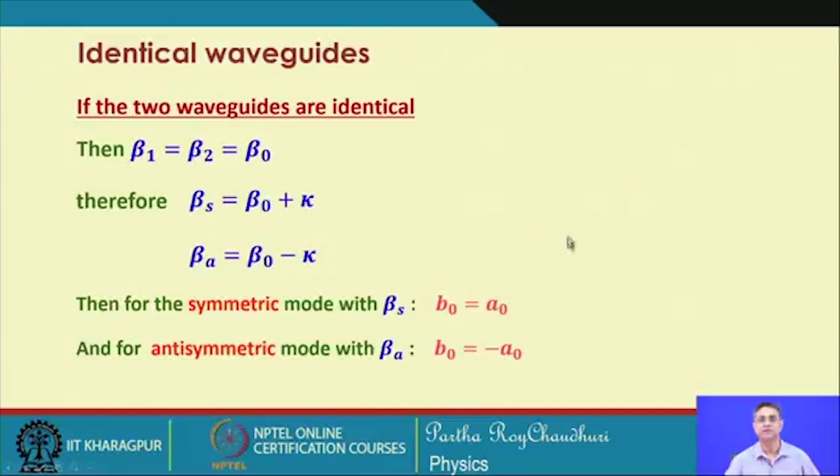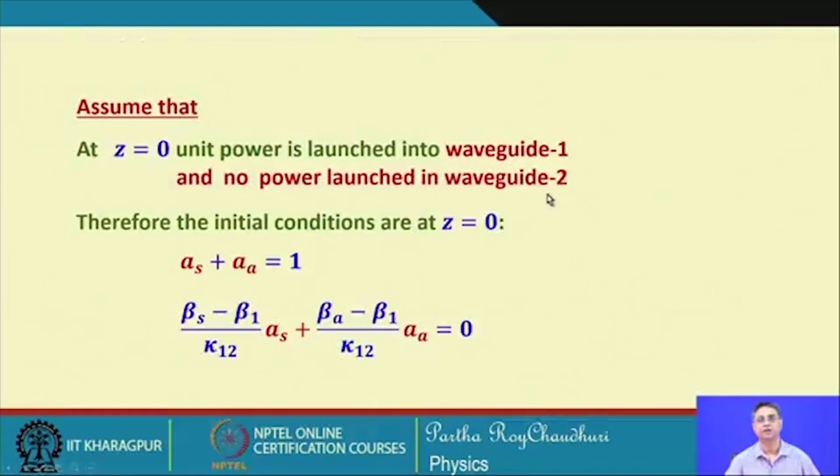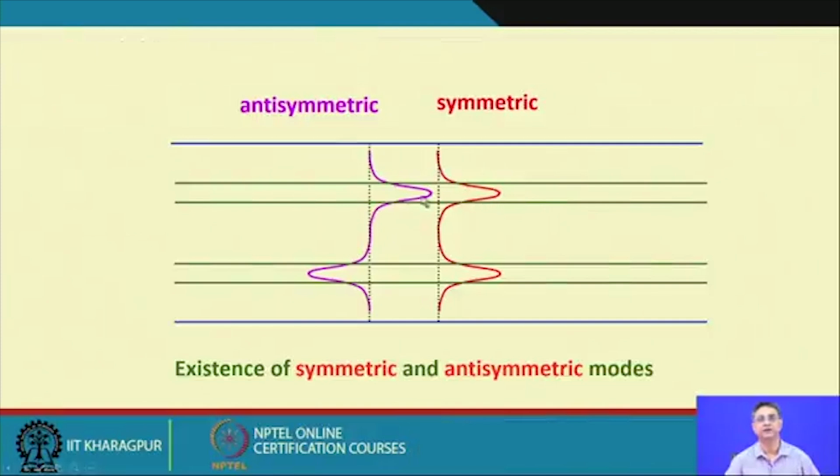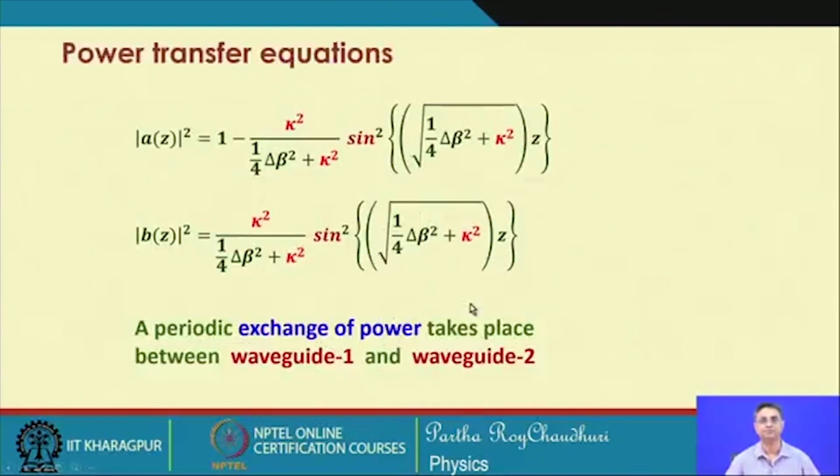But they have the same amplitude, because the magnitudes of B 0 and A 0 are the same. So, that very nicely explains the even and odd modes, that is the symmetric and antisymmetric modes, as an outcome of this coupled mode equation calculation for identical waveguides.